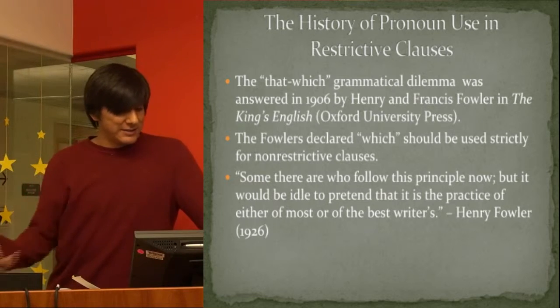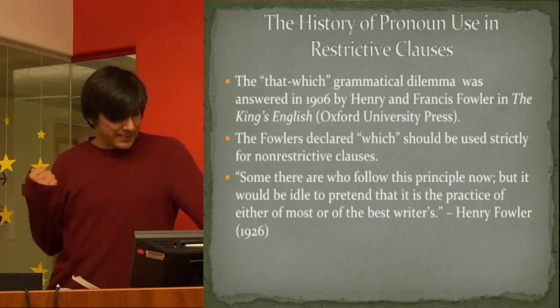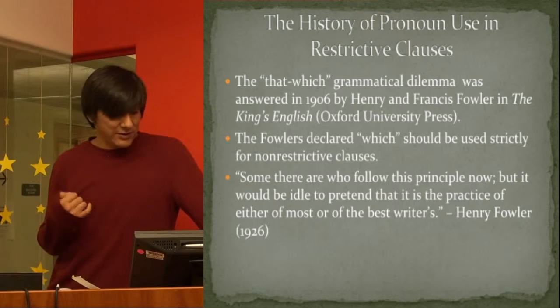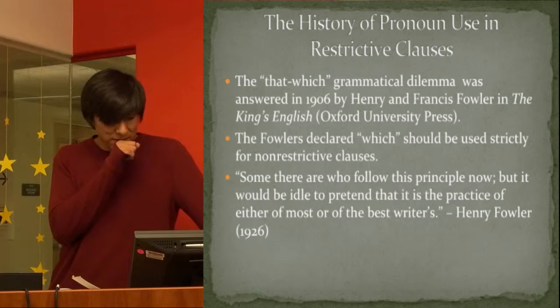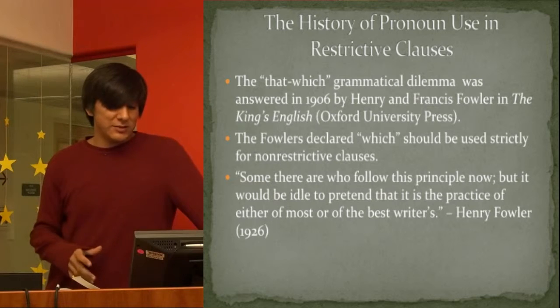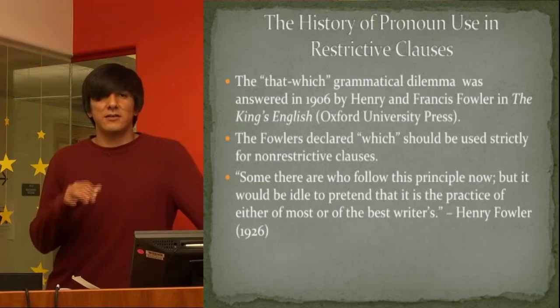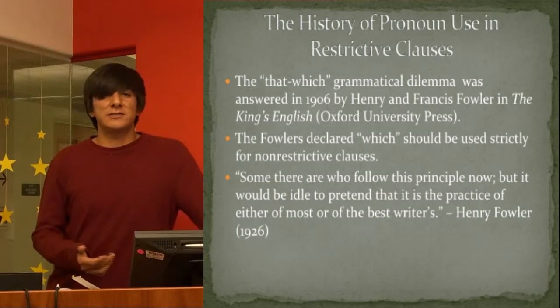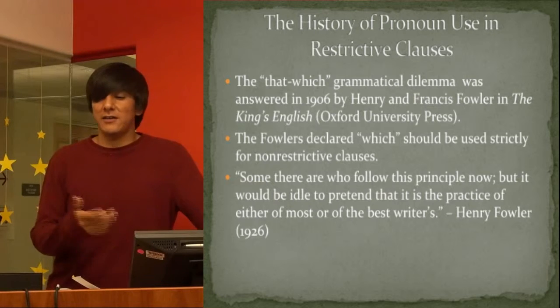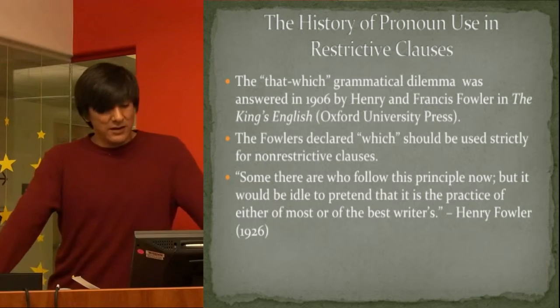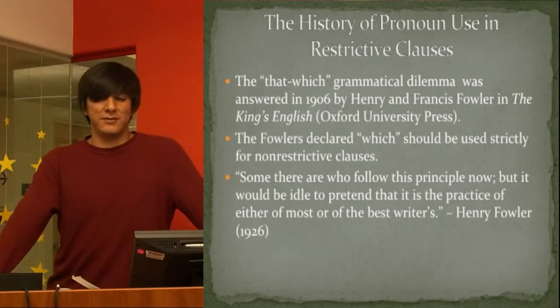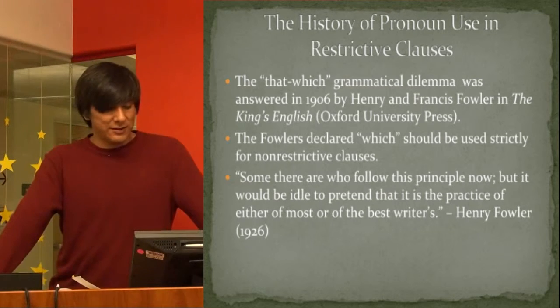And these two brothers, Henry and Francis, wrote down that which should be used strictly for non-restrictive clauses, because the word that could be overused so easily, and oftentimes you see them back to back, and in a lot of cases it can get really, really misunderstood and confuse the reader.